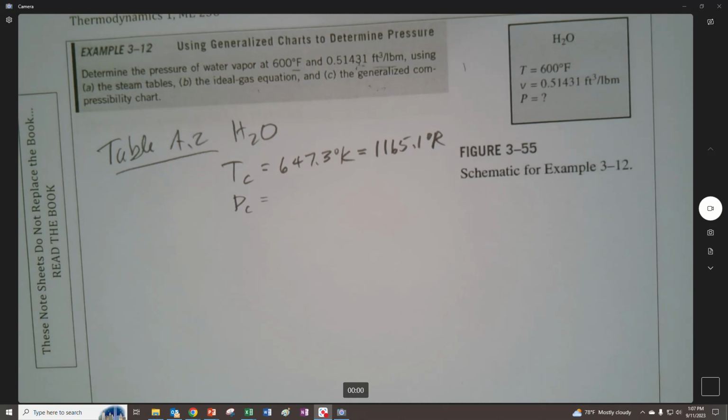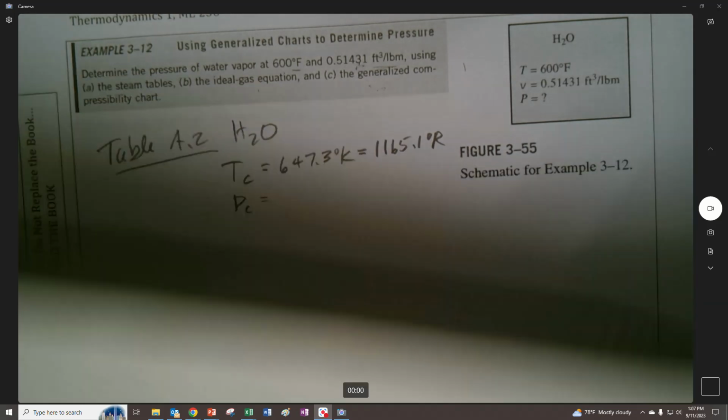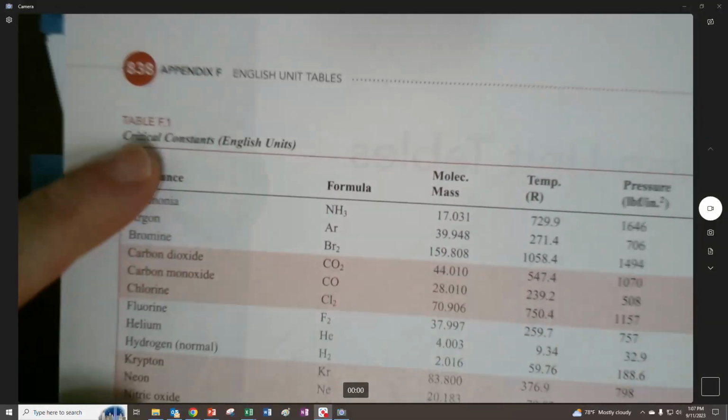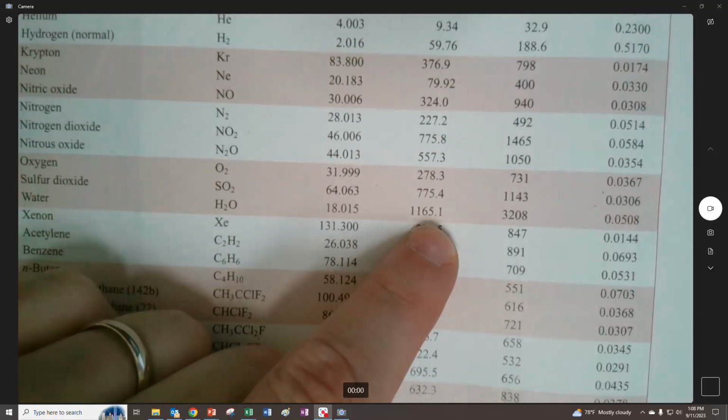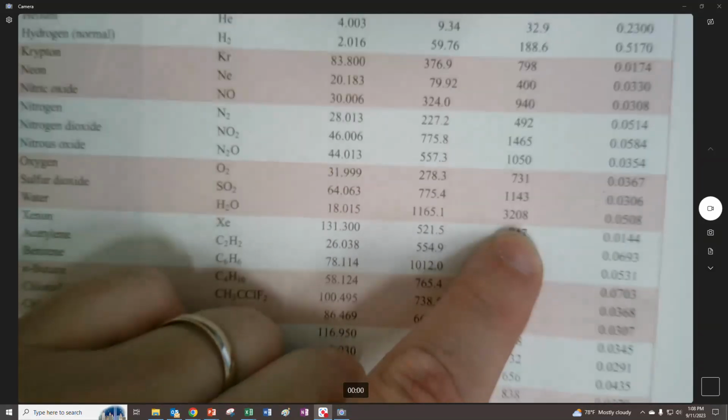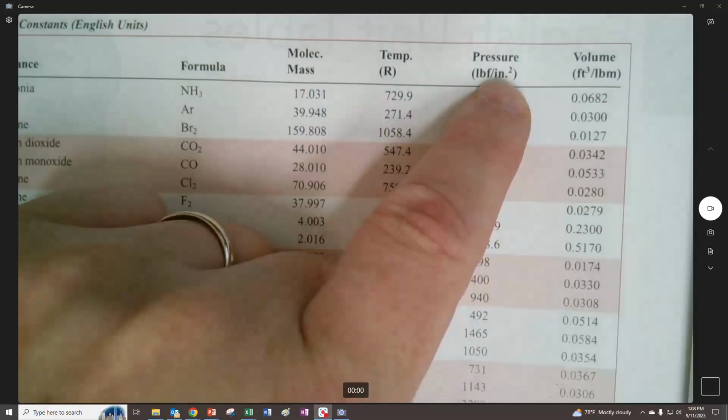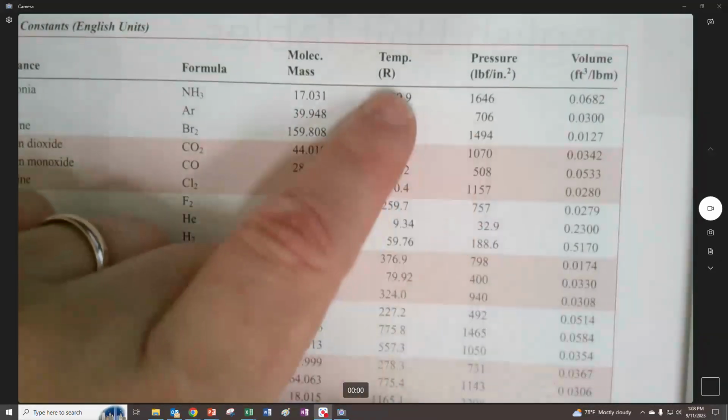Let me check that. Yeah, here's F.1 out of our book: 1165.1 and 3208 psia, degrees Rankine.